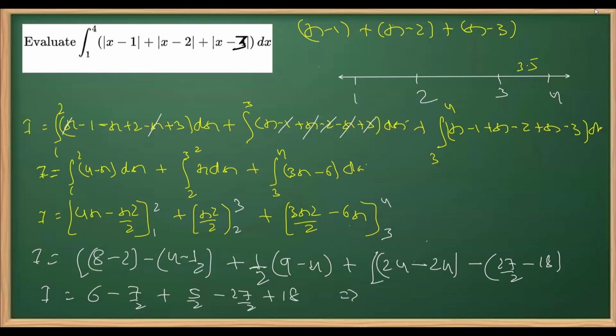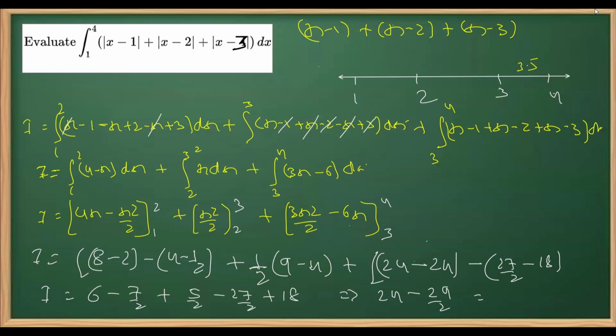Now 6 plus 18 is how much? 24. So this is 24 minus, these are to be added. So it's minus 27, okay, do it like this. So this is minus 7 plus 5 is minus 2. Minus 2 minus 27 is minus 29 over 2.